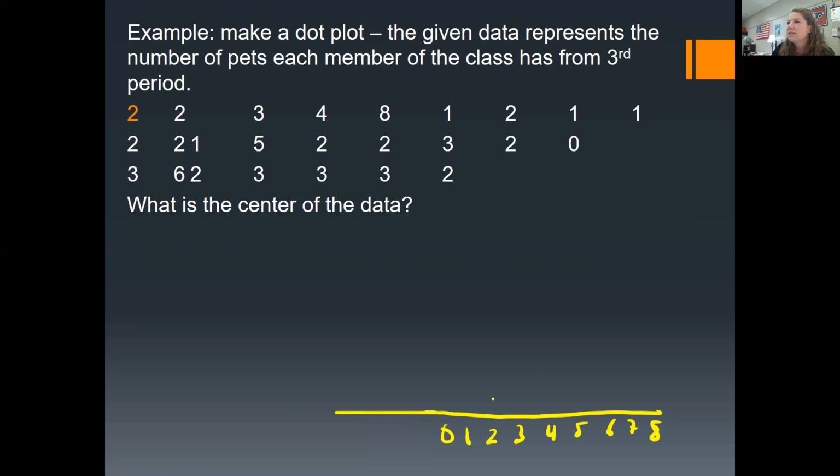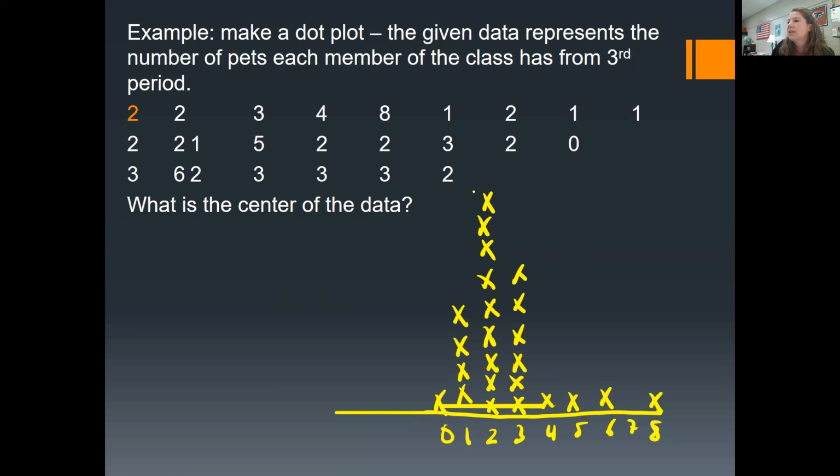All right, let's do this. 2, 2, 3, 4, 8, 1, 2, 1, 1, 2, 2, 1, 5, 2, 2, 3, 2, 0, 3, 6, 2, 3, 3, 3, 2.